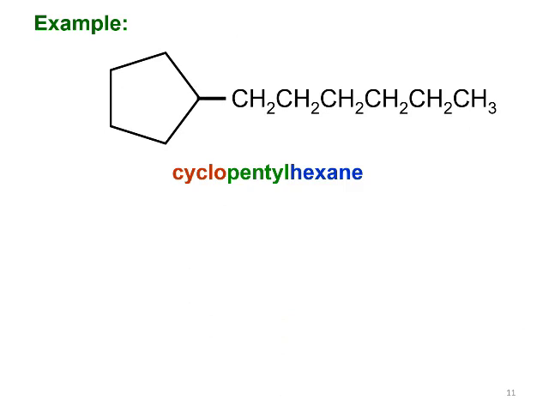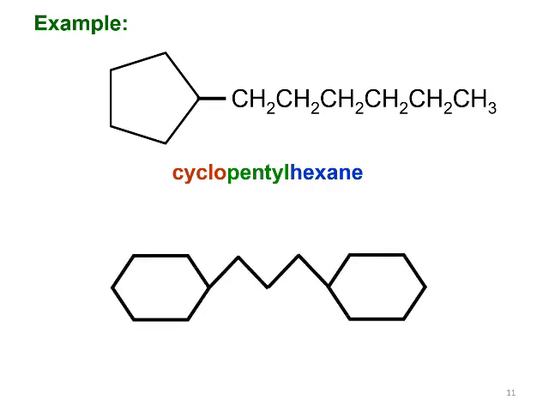Cyclopentane becomes a substituent. For this one, the name is 1,3-dicyclohexylpropane.